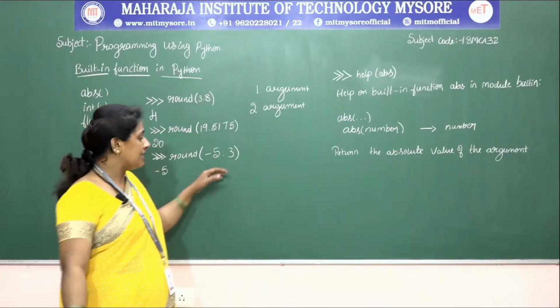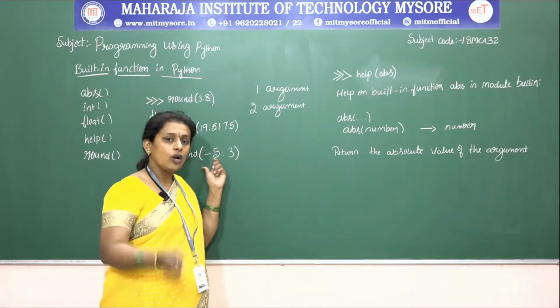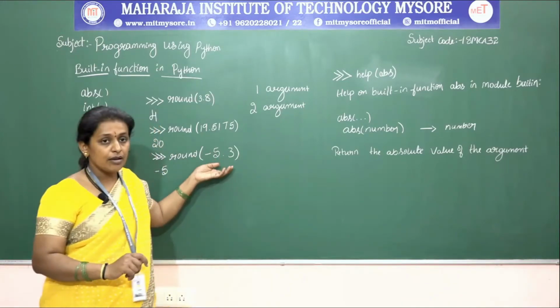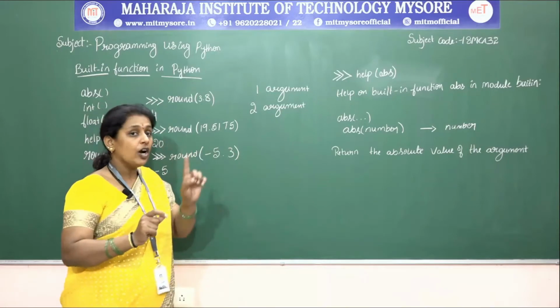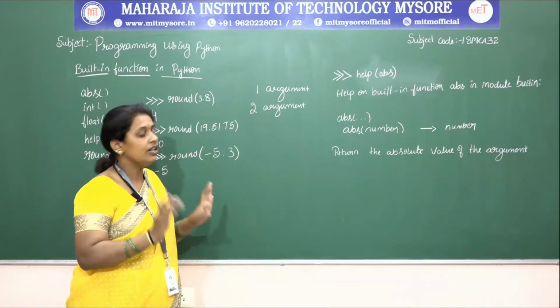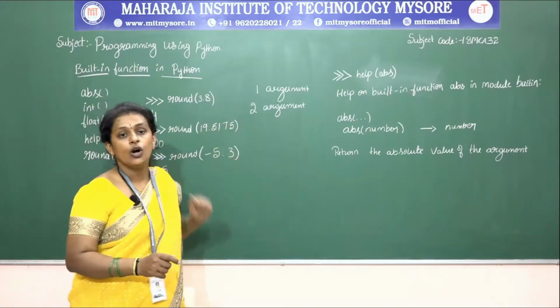When we pass a single argument, it rounds to the nearest integer value. So this is an example. When we pass only one argument to the round function, it rounds to the nearest integer value. Let us take an example with two arguments.